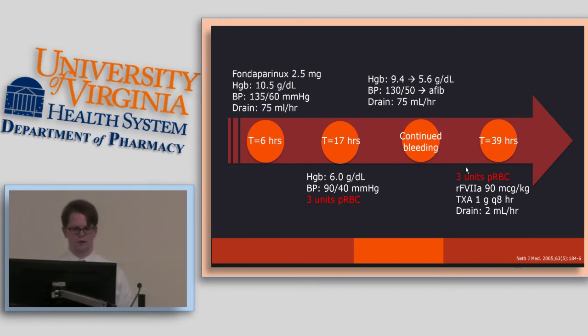And then at 39 hours, the decision was made to give another 3 units of blood and then to administer recombinant factor VII and tranexamic acid at the trauma dose of 1 gram every 8 hours, which saw a massive decrease in the drain output rate that was sustained for over 24 hours, and improvement in hemodynamics.